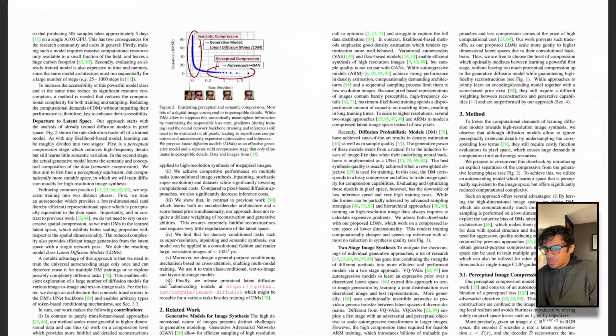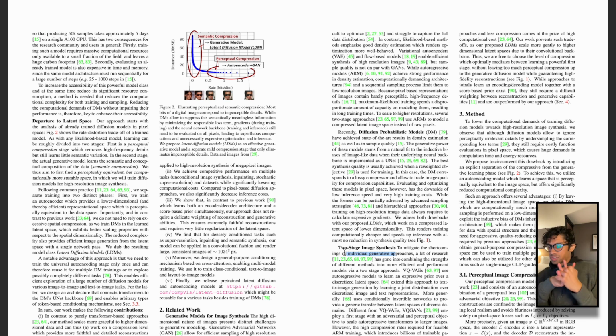So they have a latent diffusion probabilistic model. Okay, so they may be working with a diffusion probabilistic model. Two-stage image synthesis. Okay, so they will be having two stages. Usually, what is a two-stage algorithm? Encoding and decoding is a two-stage algorithm.